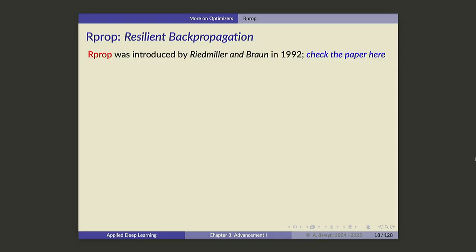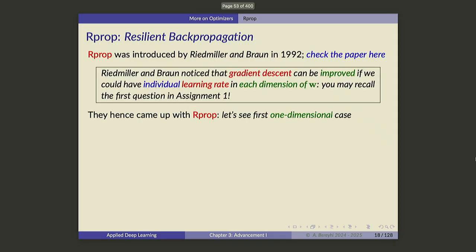Another idea that people came up with in modifying the optimizers was the dimension-dependent update of the learning rate. If you remember, in assignment 1 there was one question where you had 2 parameters, 2 weights.